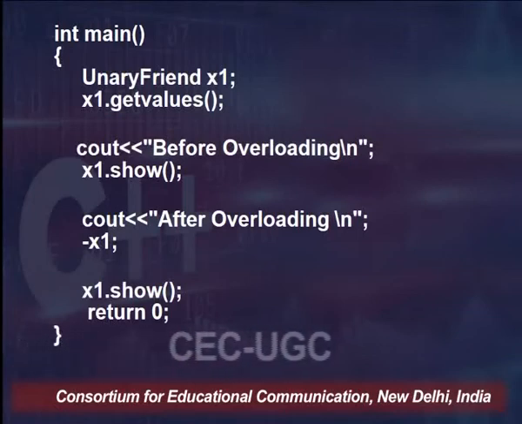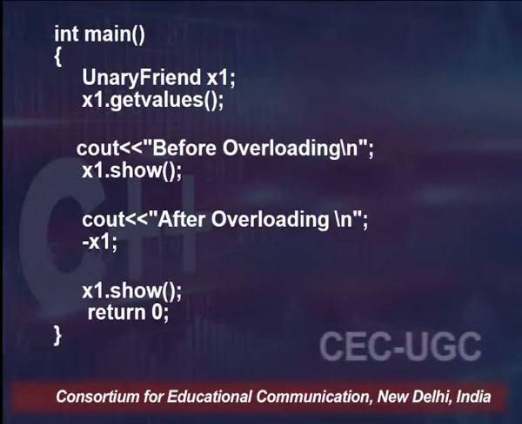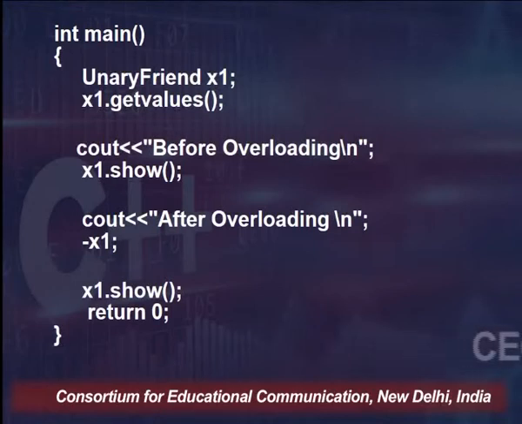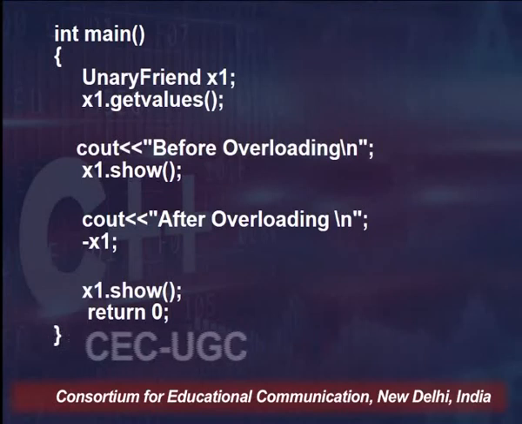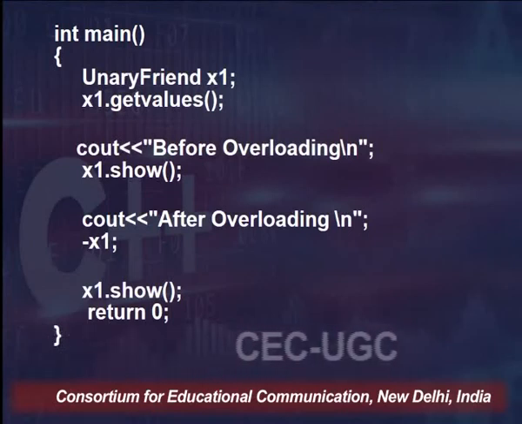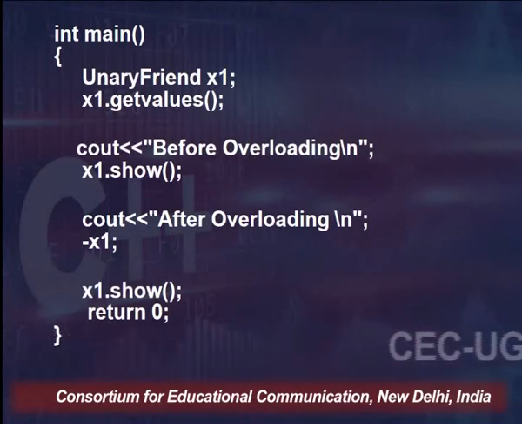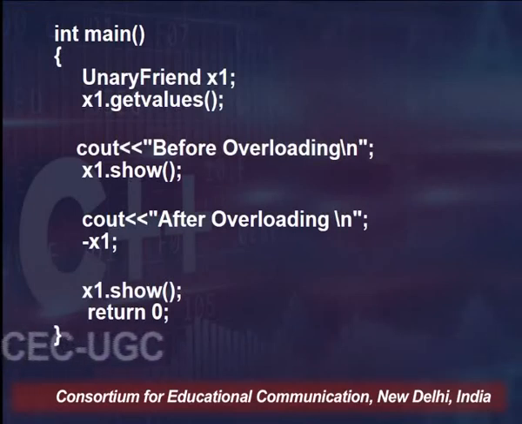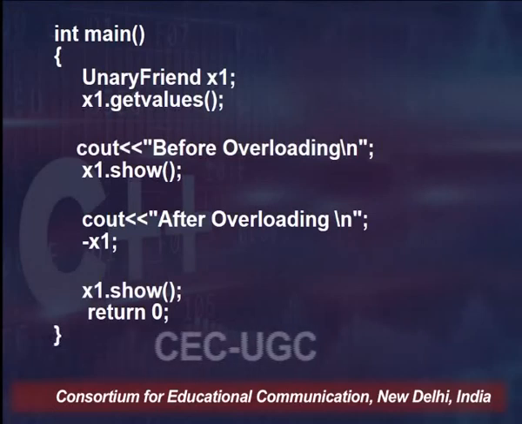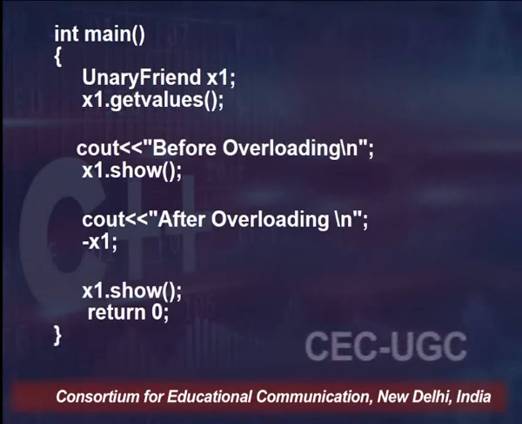Whenever I write minus x1, I am calling the overloaded operator minus, which returns the negated values of a, b and c, which are the private variables of object x1.